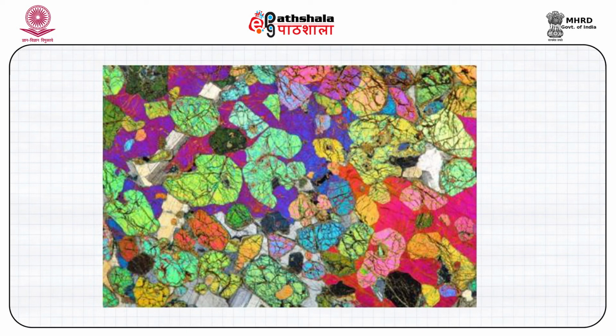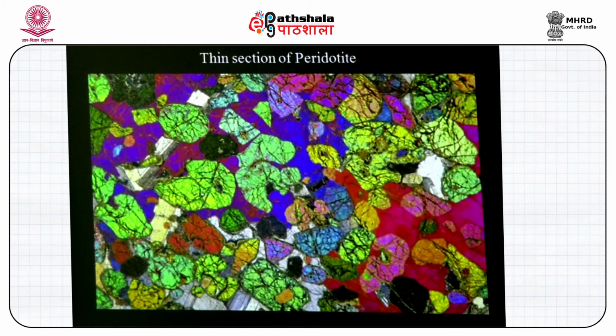Now there is a very interesting rock known as peridotite, where you can see that all these green ones are olivine. So it is an olivine rich rock with some pyroxenes and very rare plagioclase. These are ultramafic rocks where you have sometimes 60 to 70% of olivine and pyroxene, and they represent very high temperature melt.